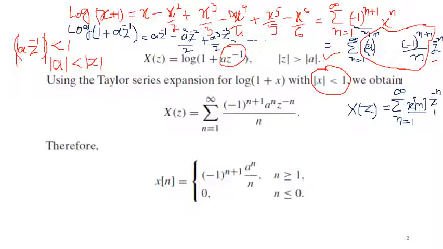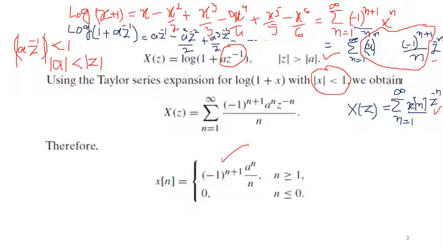By comparing with the standard equation, we can tell that x of n is basically a to the power n, minus 1 power n plus 1, divided by n. So we got this answer.